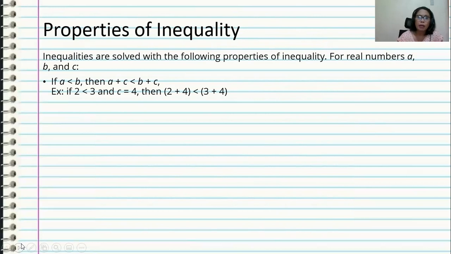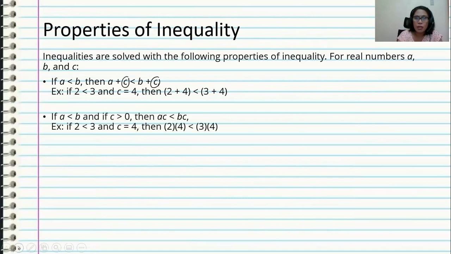Take note that whatever constant value we add on both sides of the inequality, for instance c here, the inequality remains the same. The left side will remain less than the right side. We consider that the addition property of inequality.